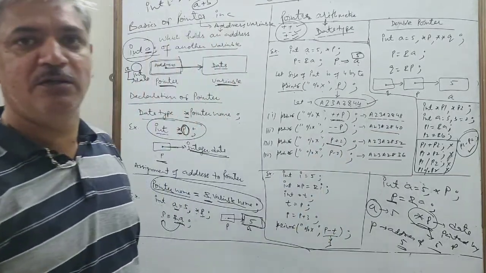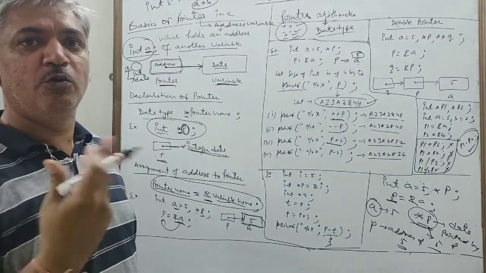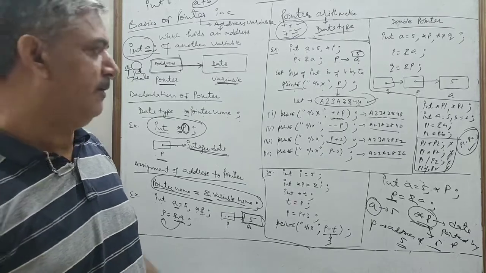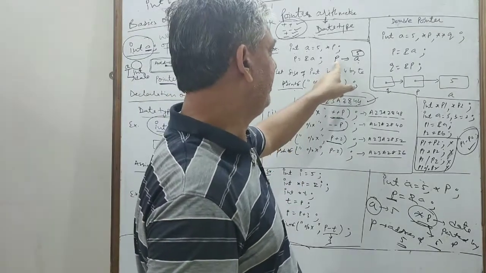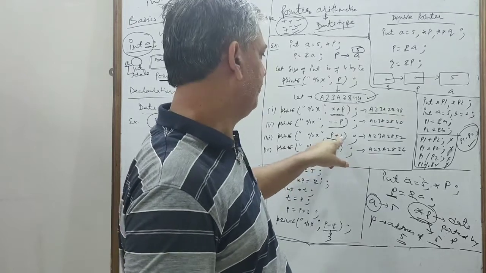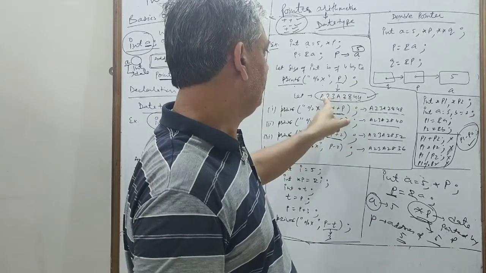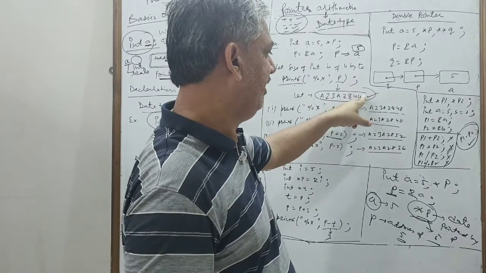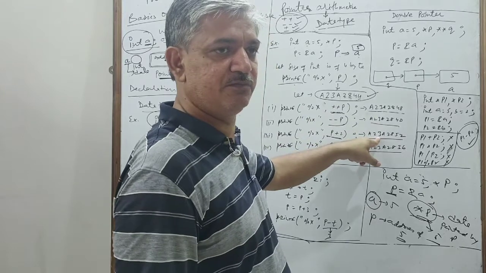Okay. p + 2 means two address increments, two address additions. The size of one address is 4 bytes, so add 4 plus 4, that is 8, to this p. When we add 8, we will get this one.